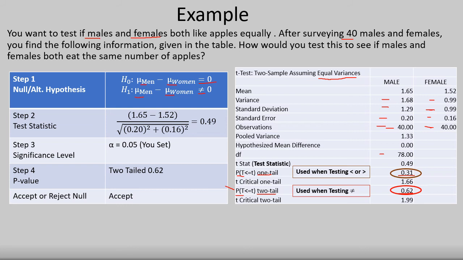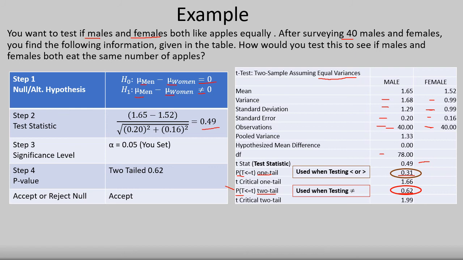It was found by taking the sample mean of men, 1.65, minus the sample mean of females, 1.52, divided by the standard error of men, 0.2, squared, added to the standard error of females, squared, and then taking the square root of that sum. If you do that, you'll get 0.49, and that makes sense. That adds up to our test statistic of 0.49.